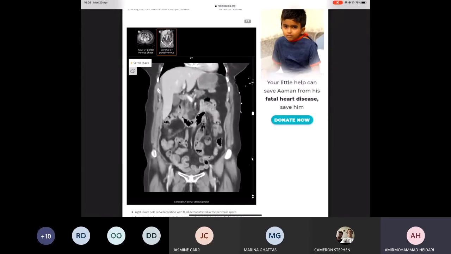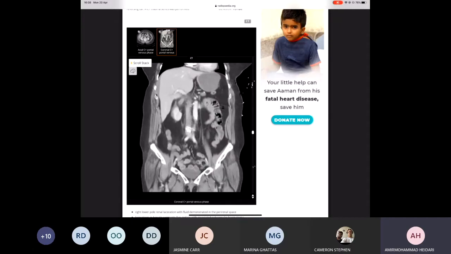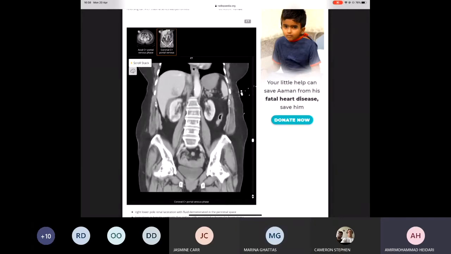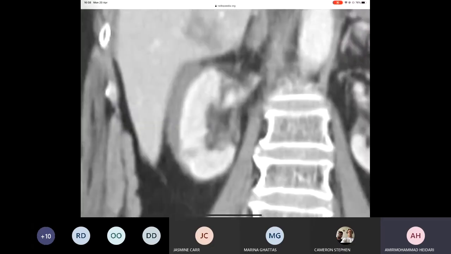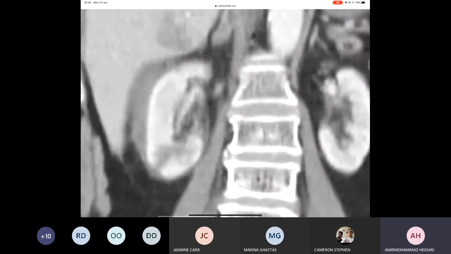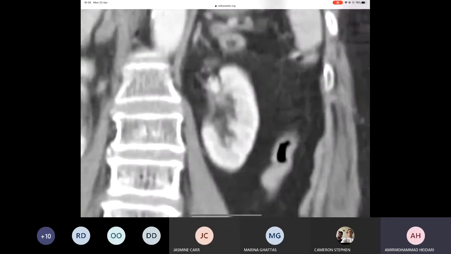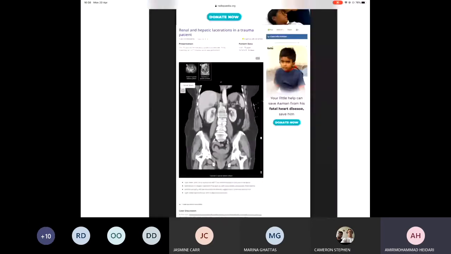I believe the ribs have fractured, and the kidneys, because of the closeness to the ribs, have suffered some trauma. You can see the right kidney right here, and you see that darker opacity around the kidney, which is not present in the left kidney. That is bleeding around the capsule of the kidney.